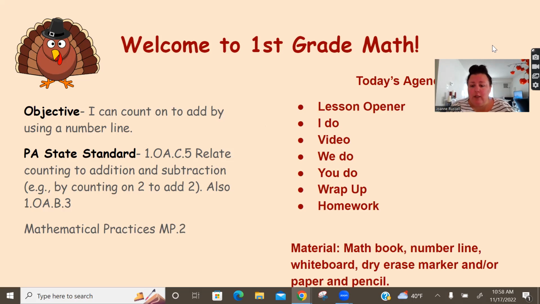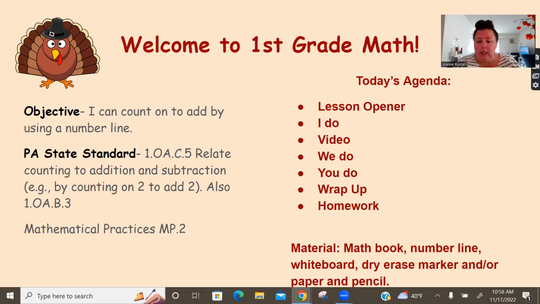Our agenda for today is listed here on the board. After I share with you what we're going to learn today, we are watching a video that I'm going to talk through so that you can understand and visually see how to do it. Then we're going to do a few problems together, and I'm going to be checking to see who is participating so that we can get some points for our class and try to get a reward for participation.